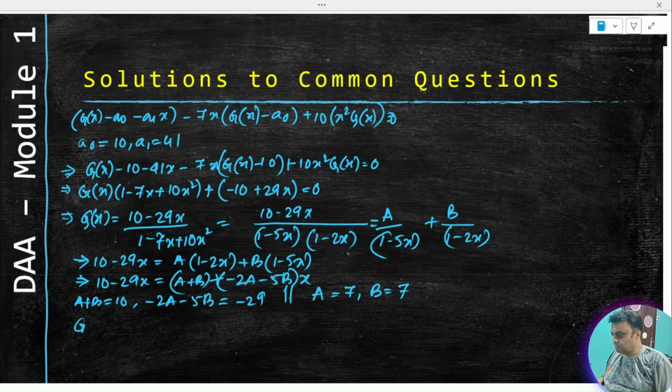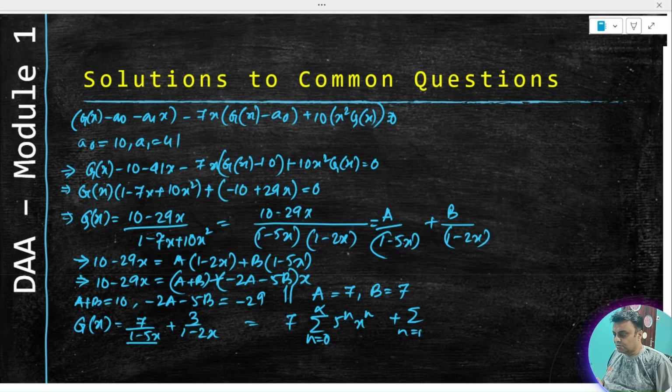So your gx, the generating function, will now look like 7 by 1 minus 5x plus 3 by 1 minus 2x, and this is, as you know, from the previous table, we have already seen this, sigma of n equal to 0 to infinity of 5 to the power n x to the power of n because it is 1 by 1 minus 5x, and this is 3 into 1 by 1 minus 2x, which will be sigma of n equal to 0 to infinity of 2 to the power of n x to the power of n.